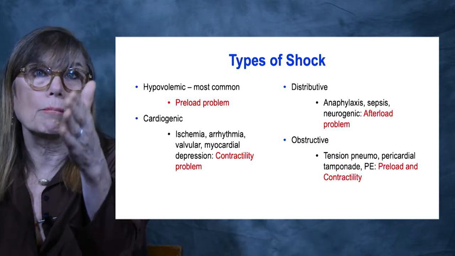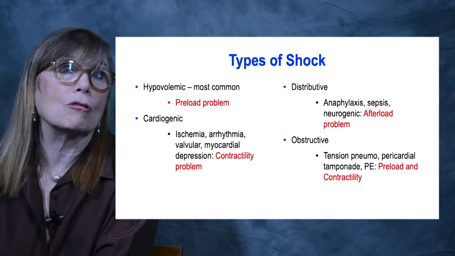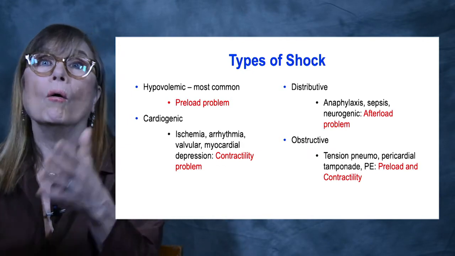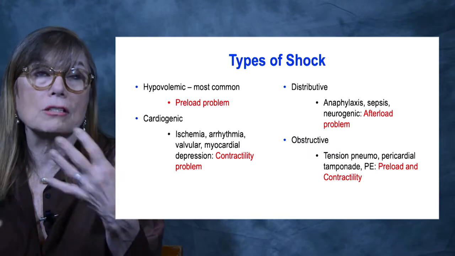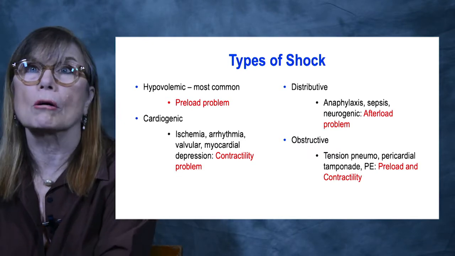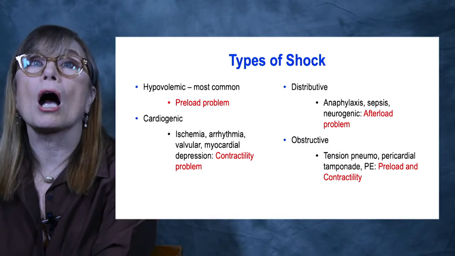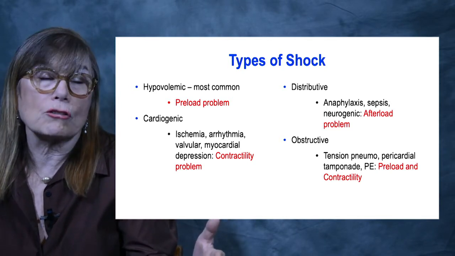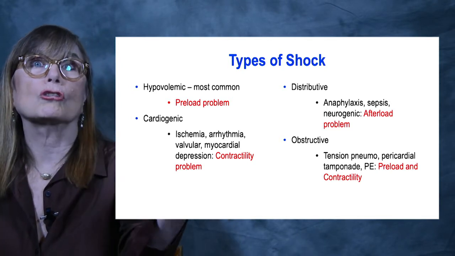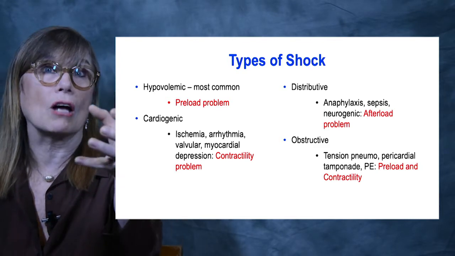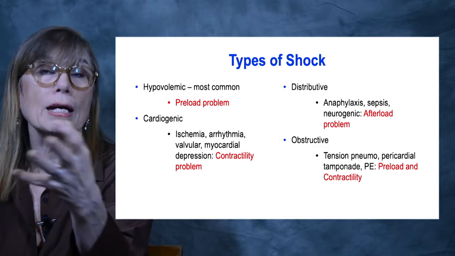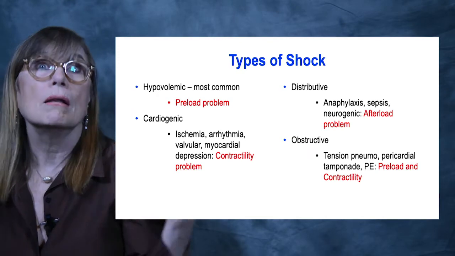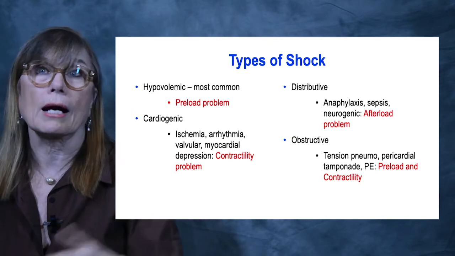This is a heart problem, and typically it either needs surgical repair of the valves or a positive contractile or positive inotropic agent. Distributive shock is an afterload problem. It is loss of vascular tone, and the heart has to work so hard to fill that dilated vasculature, trying to perfuse appropriately, that you eventually go into cardiac failure.